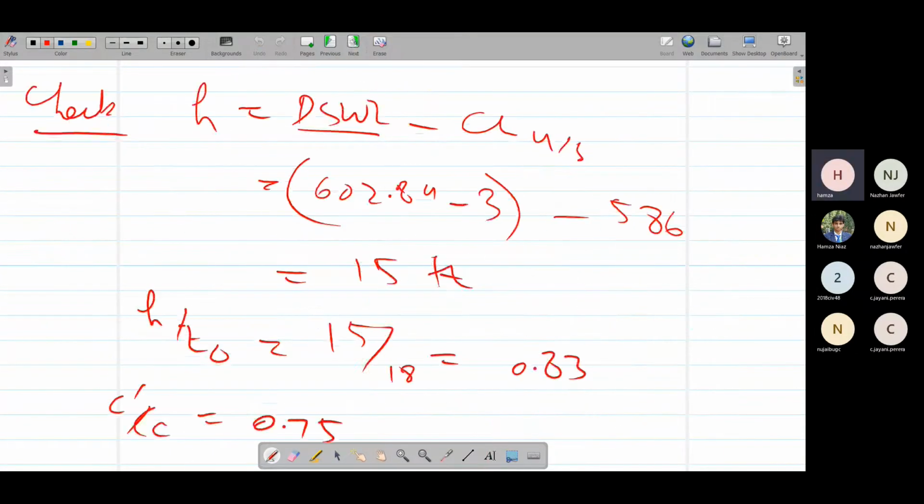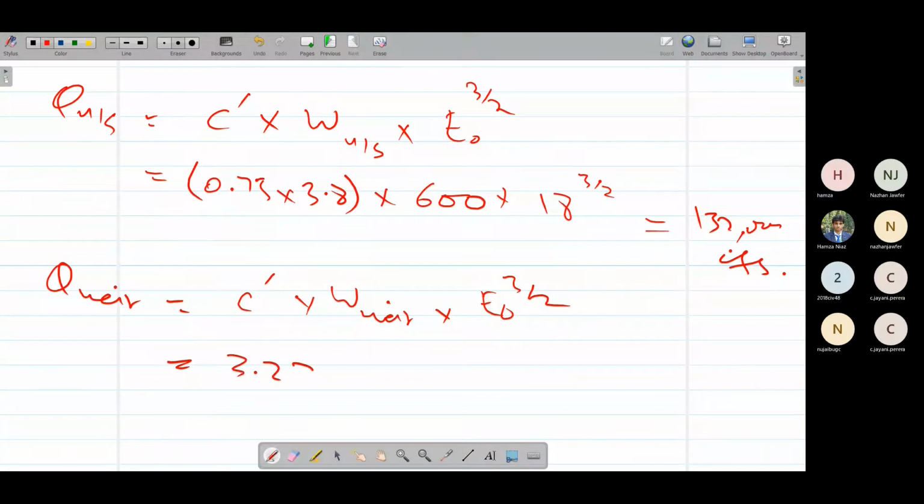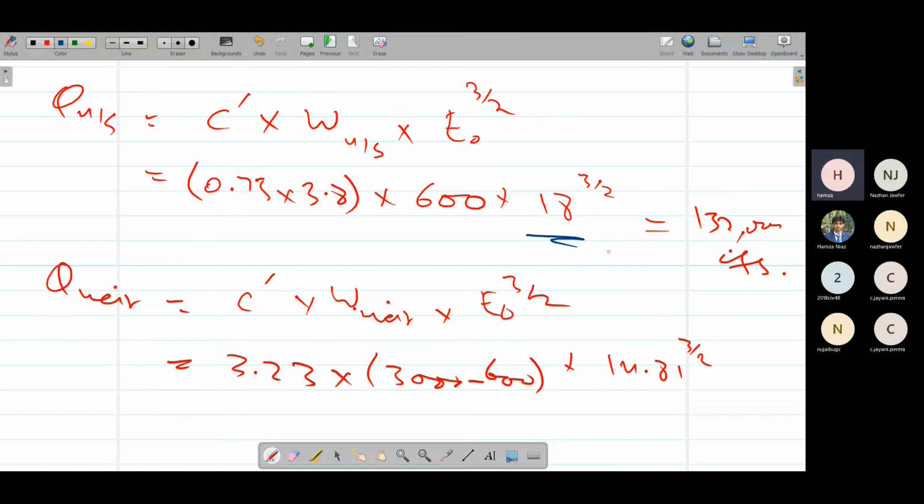So we'll use this 3.23 times width of weir, which is 3000 minus 600, we are subtracting the under sluice portion width, times the E naught value we have as 14.81, the previous one, not the under sluice one, the previous one for weir. So we can simply multiply them and the answer is about 405,000 cubic feet per second.